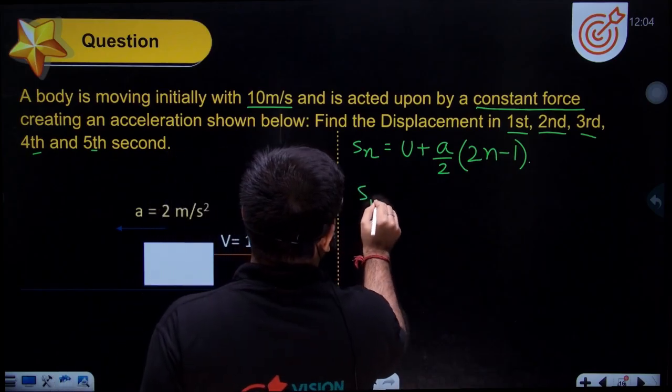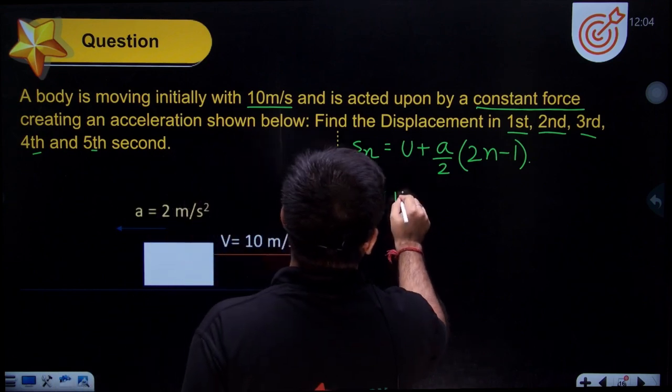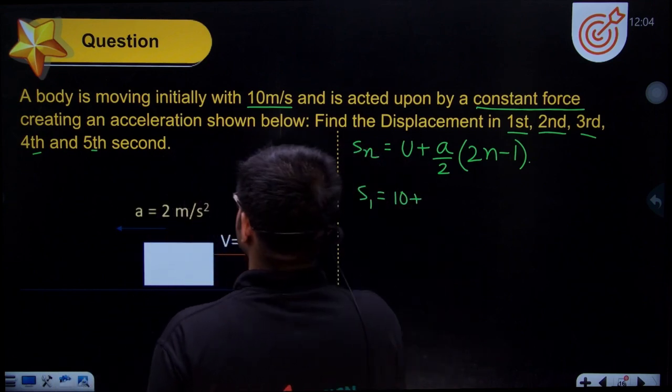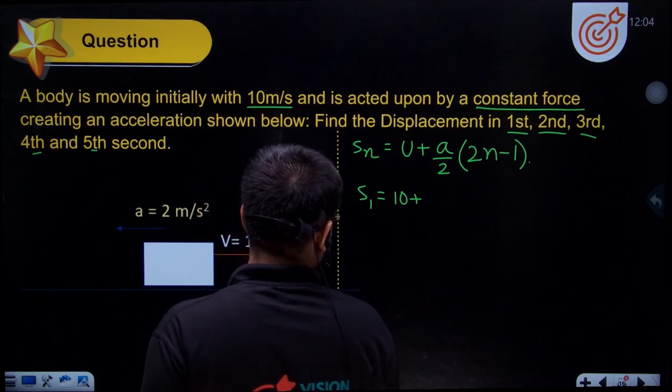तो s1 क्या हो जाएगा आपका, s1 is going to be, the u is 10, okay, plus what is the a is here negative, so please keep it in mind.